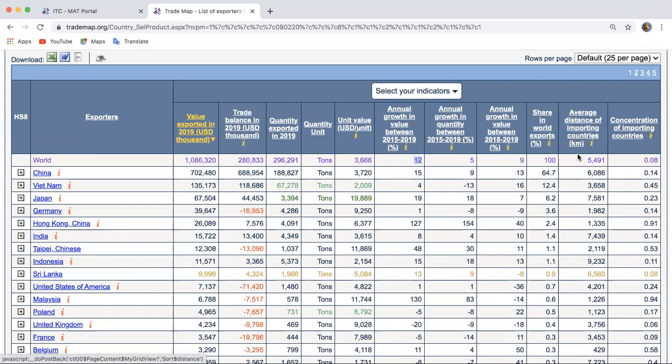This means that we will never give you the exact distance of a certain country to another certain country, but it's a benchmarking tool. For example, if we look at the world's exports on average, all importing countries are on average 5,491 kilometers away from their suppliers.